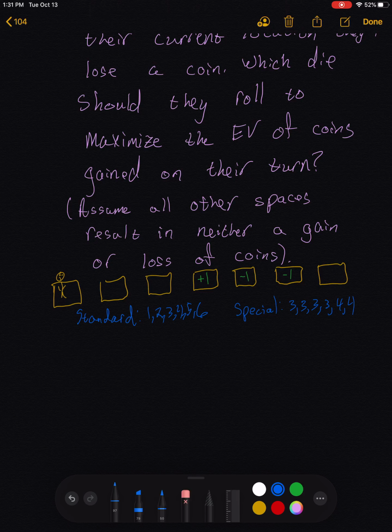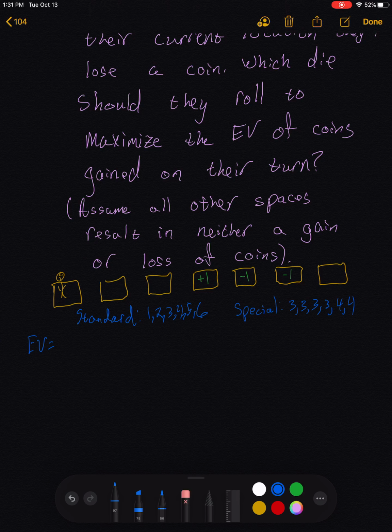Okay, so for the standard die, if we go to calculate the expected value here, the outcome of rolling a 1 has a value of 0, the outcome of rolling a 2 has a value of 0, and the outcome of rolling a 6 has a value of 0. Because again, those are the cases where the square is inconsequential to our coins. We don't gain or lose anything.